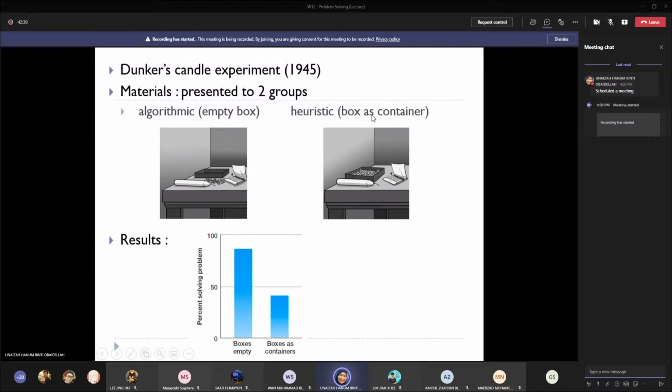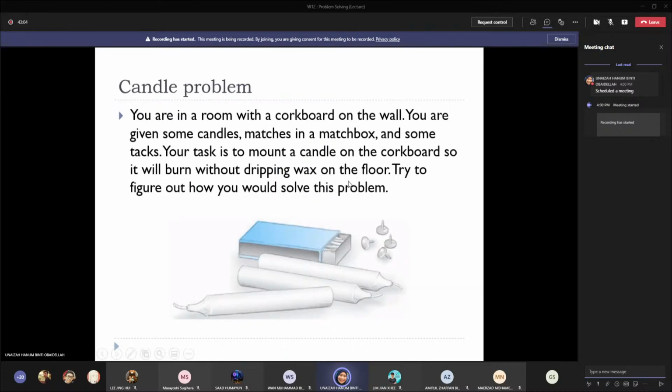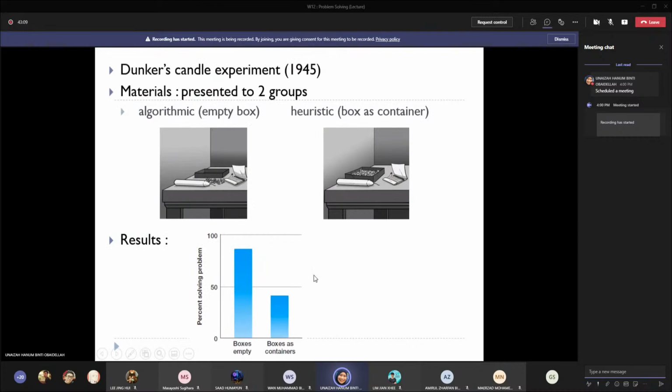Another one is heuristic, where the box is there as a hint to become a container. People were able to solve the problem more if it's in this form. When the box given to them is empty, then they can think, all right, I can make use of this box because it's empty. But if the thumbtack happened to be in a container like that, the probability of solving the problem reduced by 50%, maybe less than 50% actually. Yeah, about that.